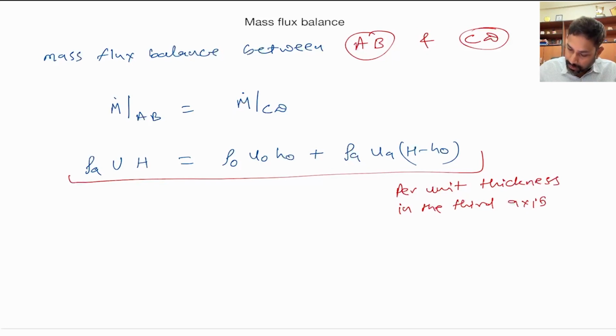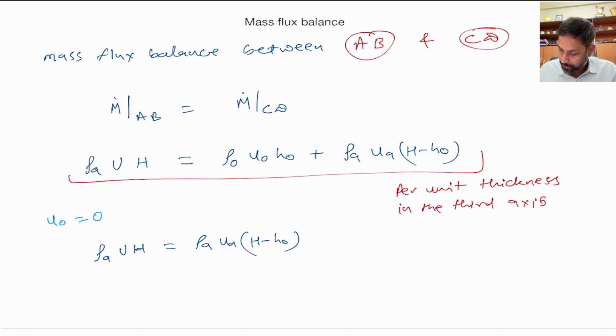Here we know that u naught is 0, that is the gravity current velocity, which we have already considered, and that is why this equation converts into rho A u h equals rho A uA (h minus h naught). That gives us an expression for uA: uA equals u h over (h minus h naught), where rho A simply cancels out because they are the same.